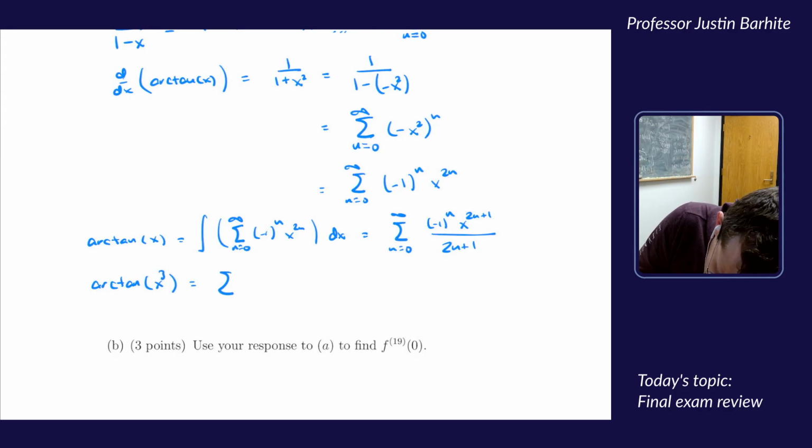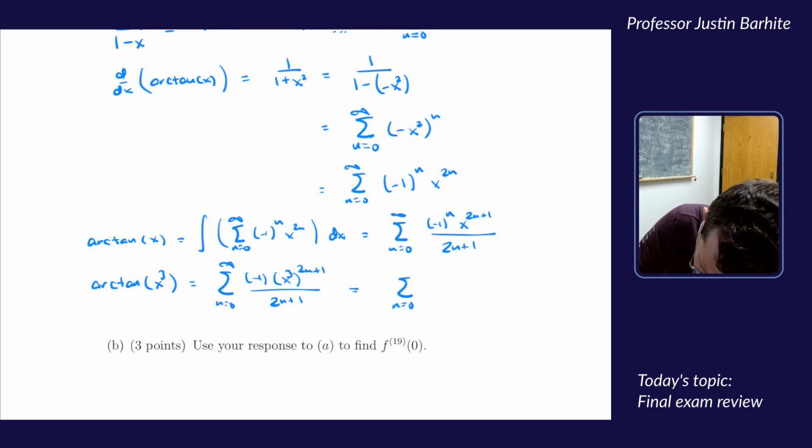Okay, so arctangent of x cubed would be the same thing, except that I replace the x with an x cubed. X cubed to the 2n plus 1 is x to the 6n plus 3.